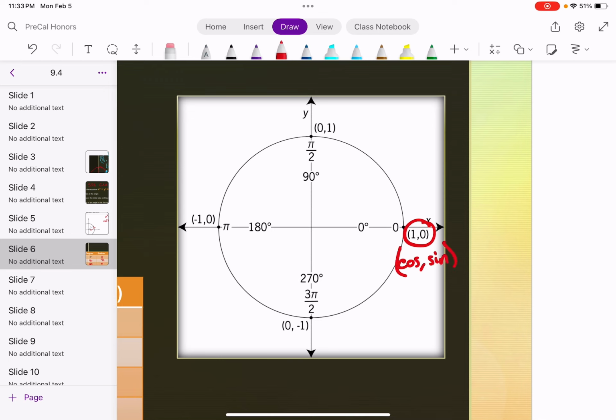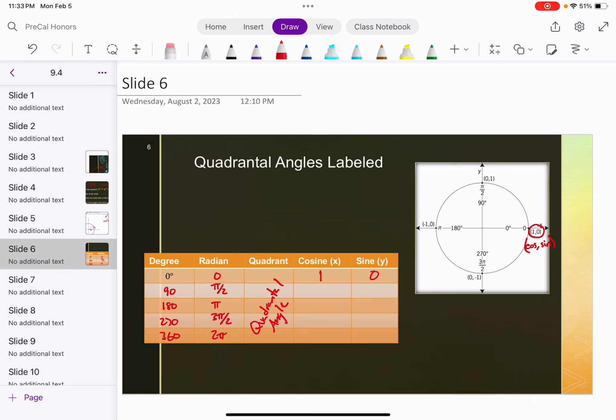So when we start working our way through these problems, for 0, our cosine would be 1, our sine would be 0. When we take a look at our 90-degree angle, notice this would be 0, 1. 180 would be negative 1, 0. 270 would be 0, negative 1.